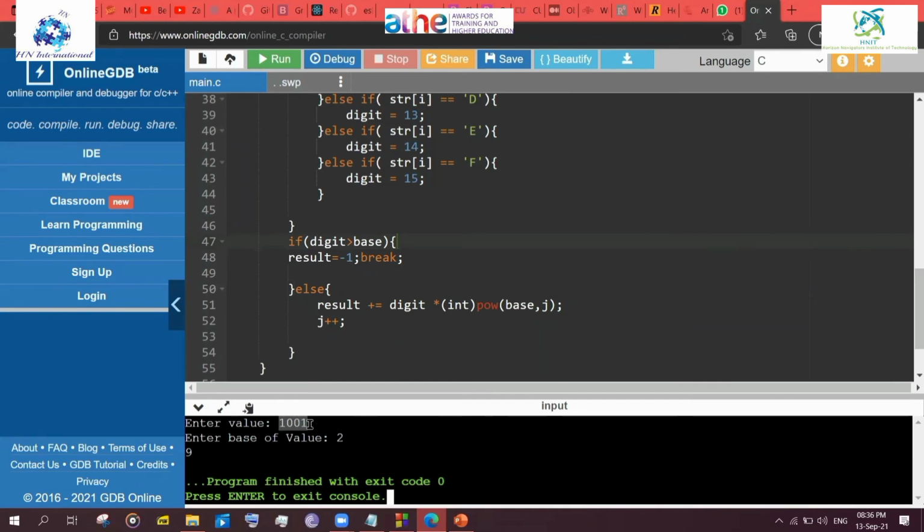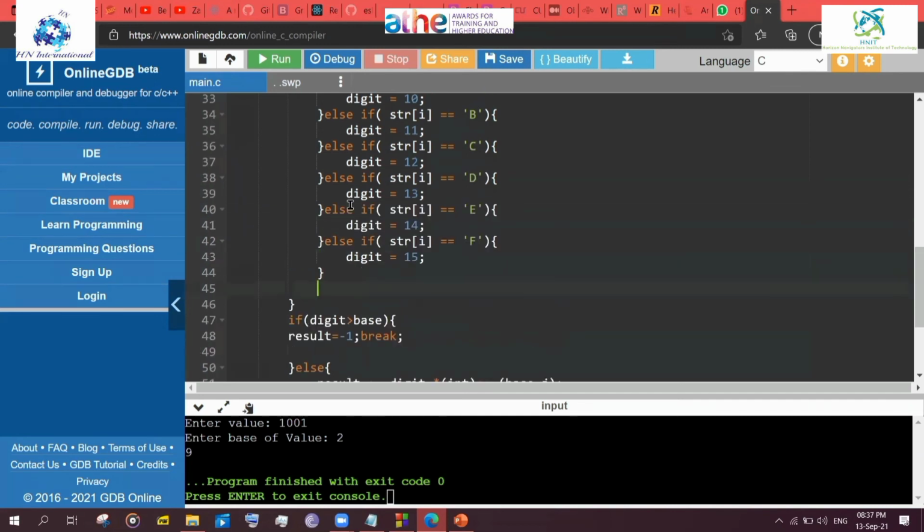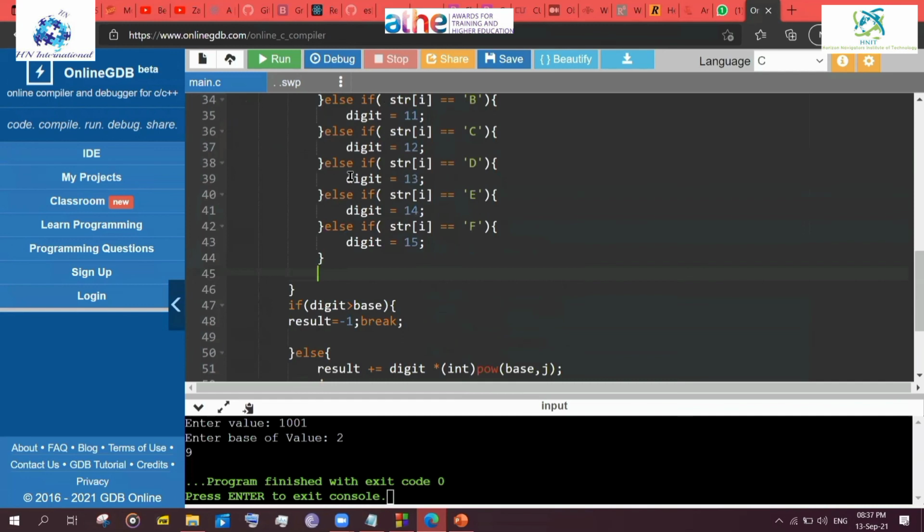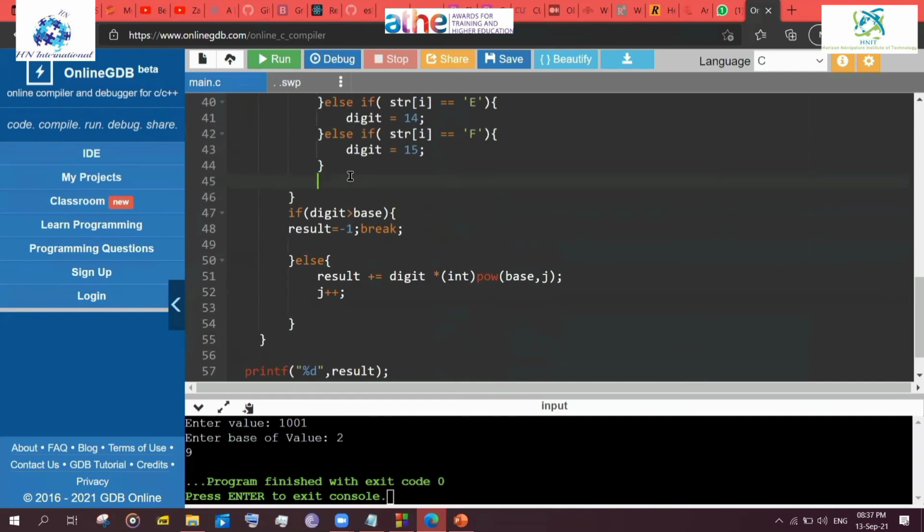Can you guys reconfirm that using the shorter method? Yes, sir, just doing it. Yes, sir, it's 9.